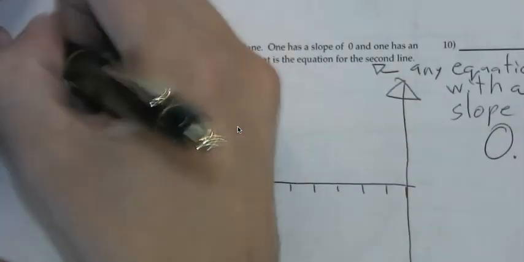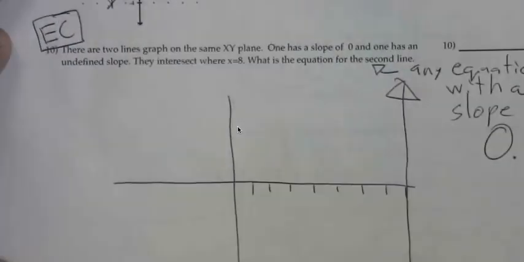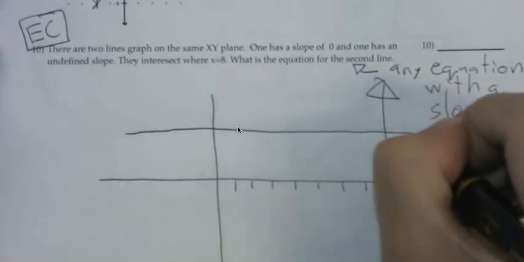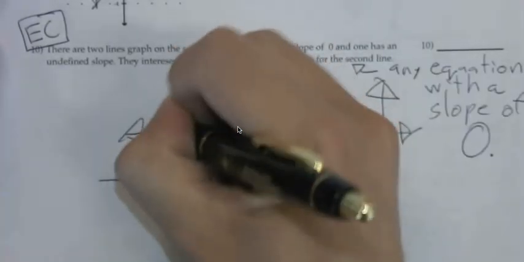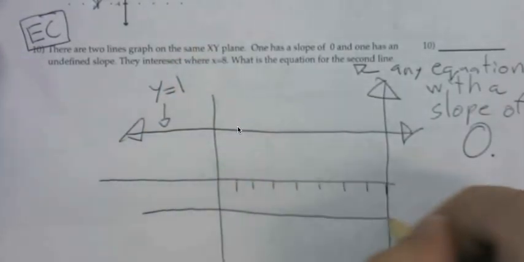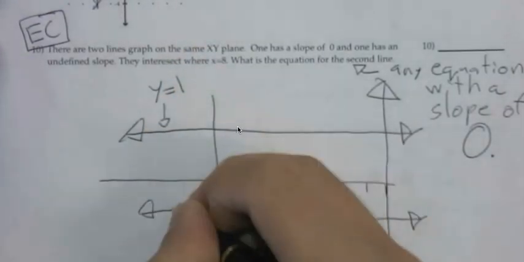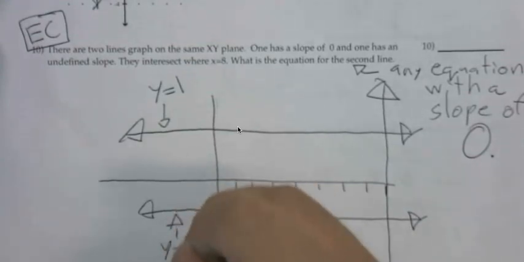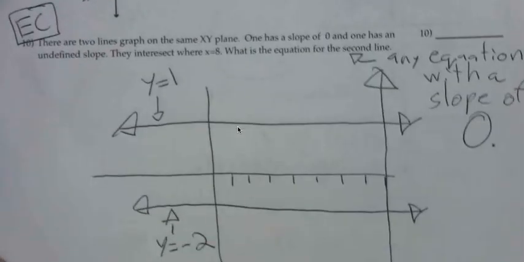This one's actually extra credit. I'm only going to have 9 be considered for the grade as of now, but you could have had y equals 1. Could have had y equals negative 2. Doesn't matter. Lots of options.